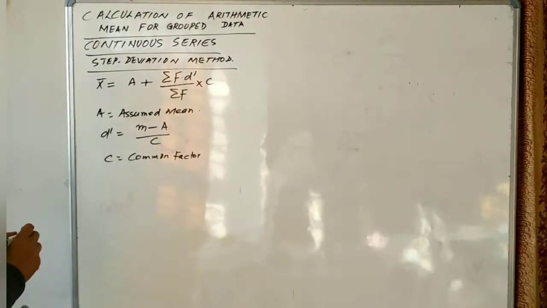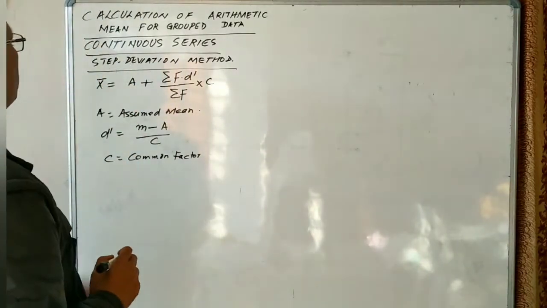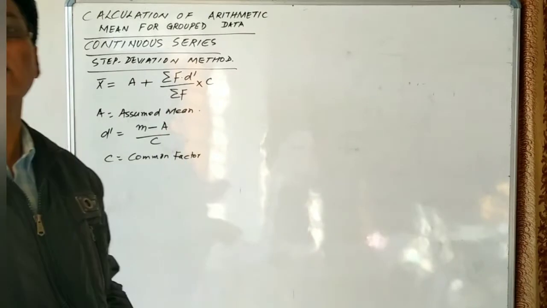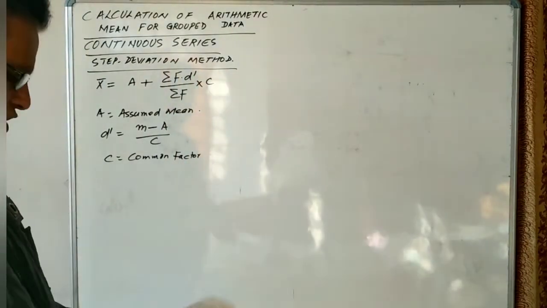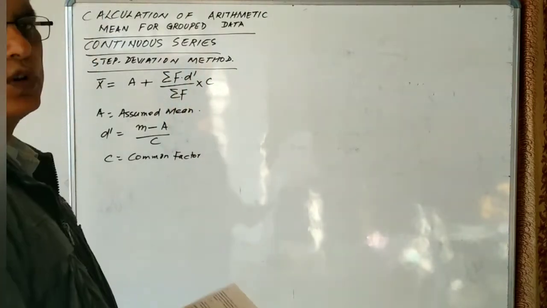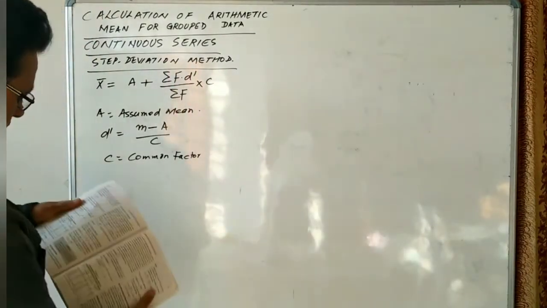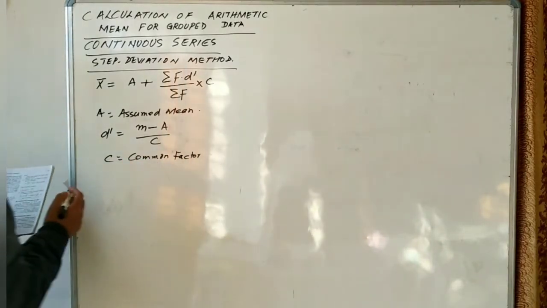So we can take one example and use this formula, and find out the arithmetic mean using this method. So let us take one example, one question given in your textbook on page number 62. Let us take example number 4. Let me write that example.